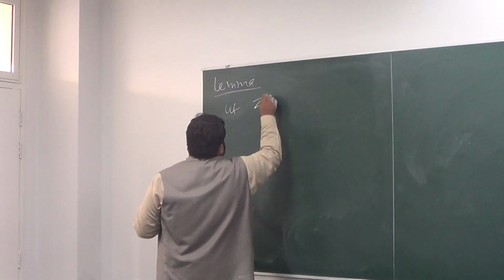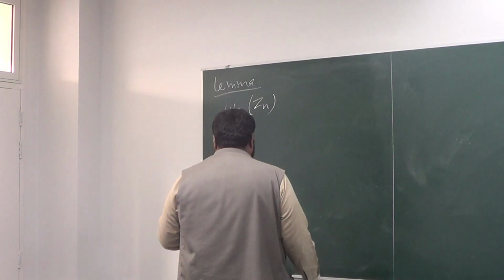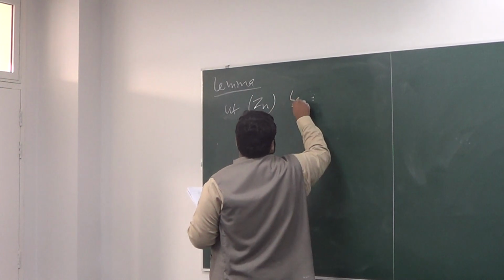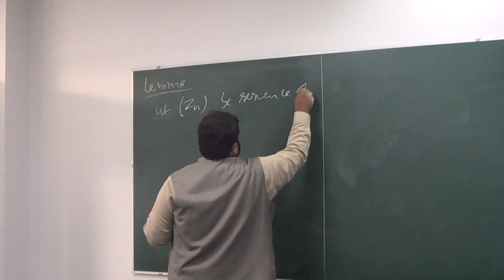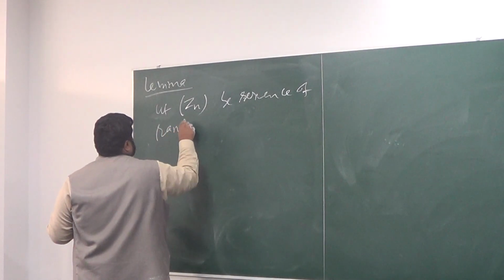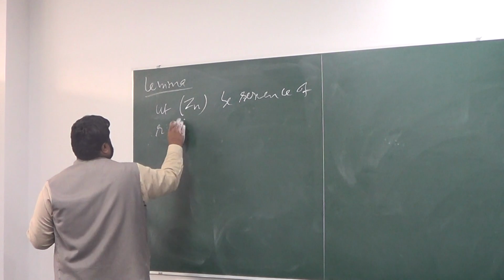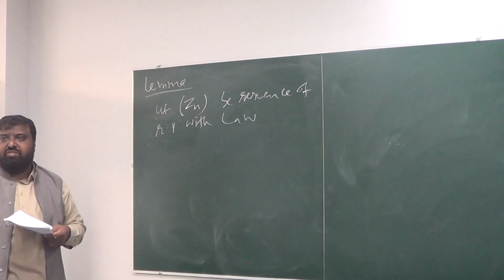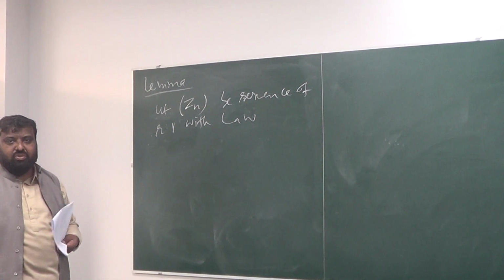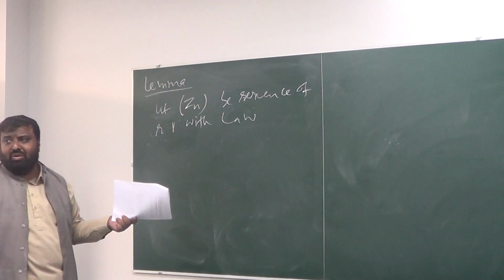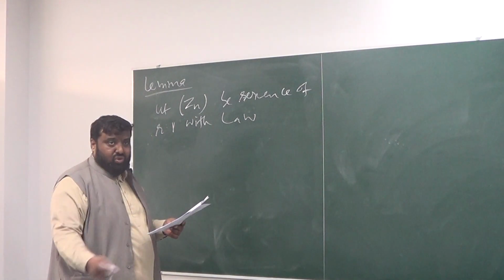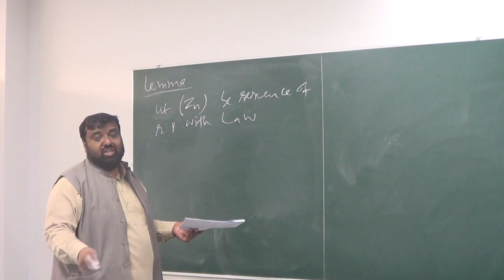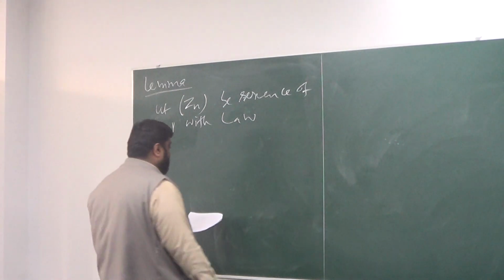I say that let Zn be a sequence of random variables with law F_Zn. By law, sometimes the CDF is also called law. Most particularly it's called law: the law that a random variable is following, in other words, the law that distributes the probabilities.